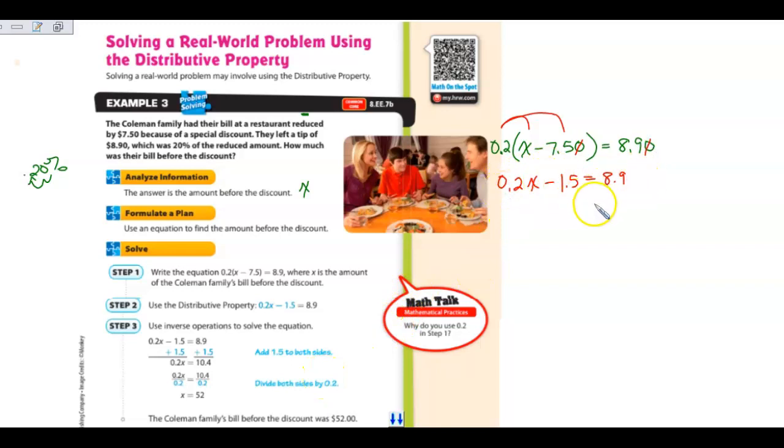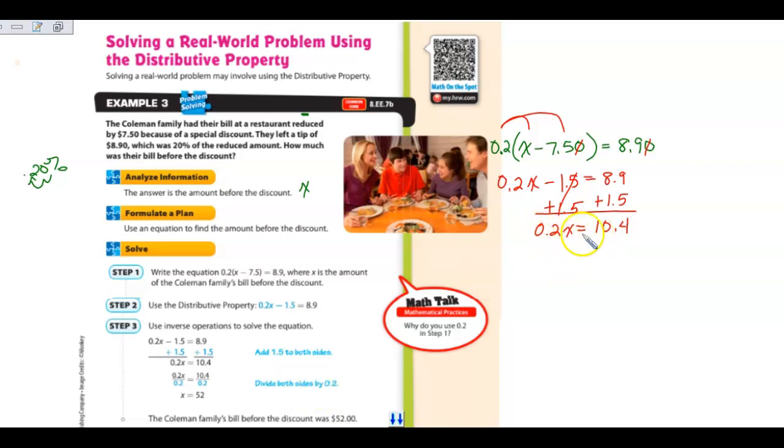Now I'm ready to simplify. I can add 1.5 to each side. When I do that, this is gone. I have 2/10 X left on the left, and this becomes 10.4.